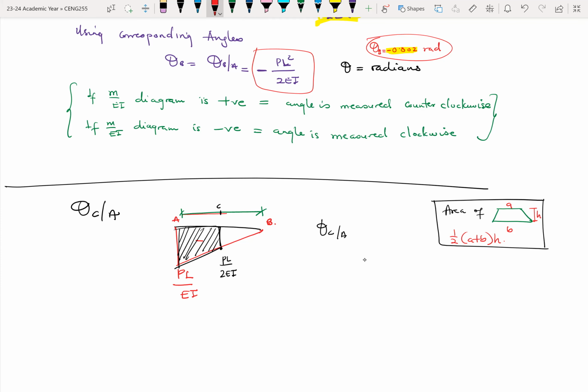So this is the area of a trapezium, just in case we had forgotten. Trapezium.